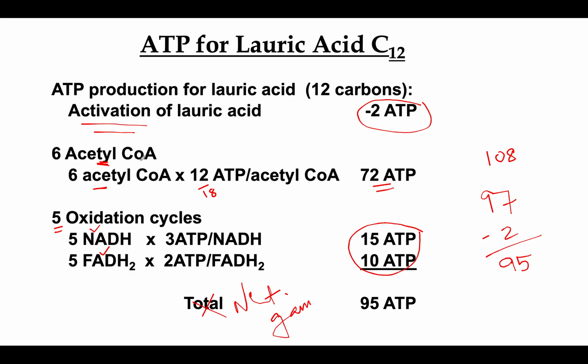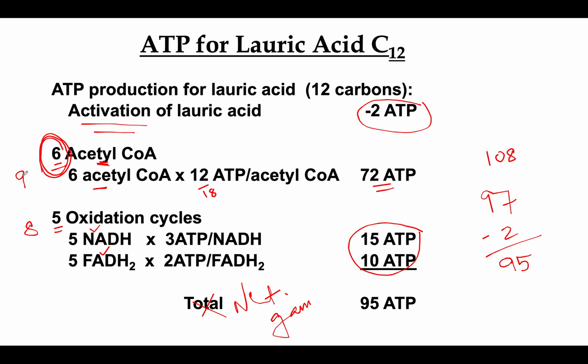But remember, I made a mistake here, because when I am looking at the number of carbons in a fatty acid, I also need to take into consideration the number of acetyl coenzyme A molecules that will be produced. So in an 18 carbon containing fatty acid, I will produce 9 acetyl coenzyme A molecules, and I will require 9 minus 1, 8 oxidation cycles.